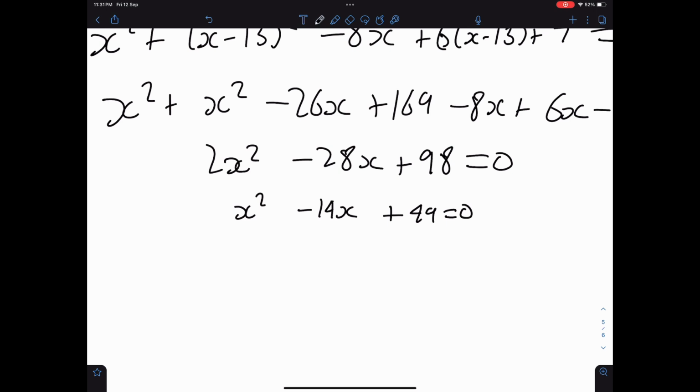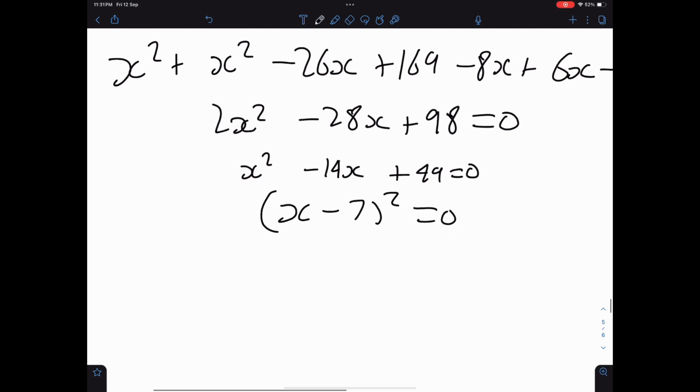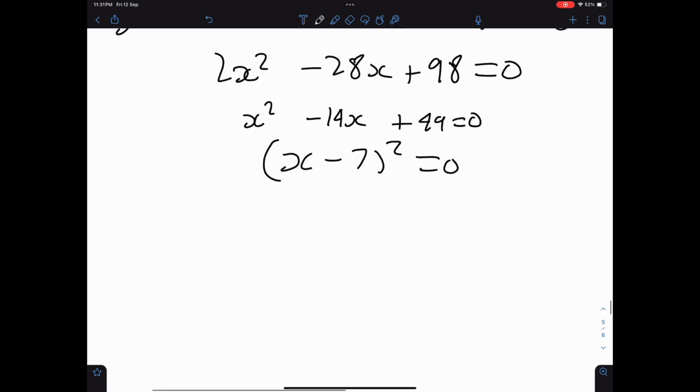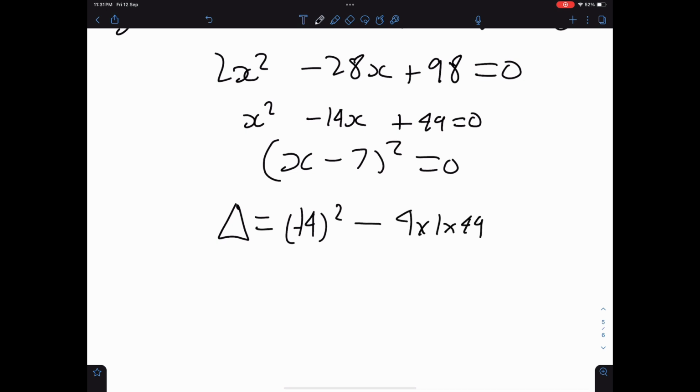I mean, we could very easily just go like that, and we can see that there's a repeated root, so it will be tangent, but for the sake of the discriminant argument, that's 196, and 4 times 49 is 196, I think, and it's 0, which means it's only one intersection.